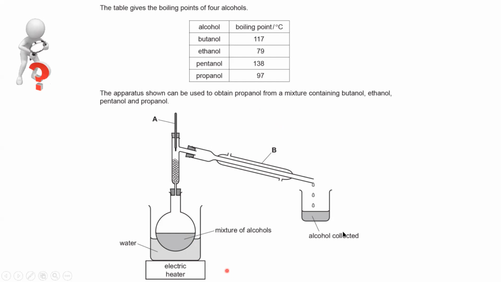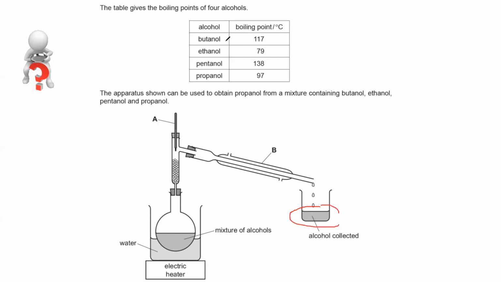What is the name of the technique used here to separate the mixture from each other? Simple distillation or fractional? So this is fractional distillation because you have a mixture of liquids and on the basis of the boiling point you are separating them from each other. Now my question is, which alcohol will be collected here?